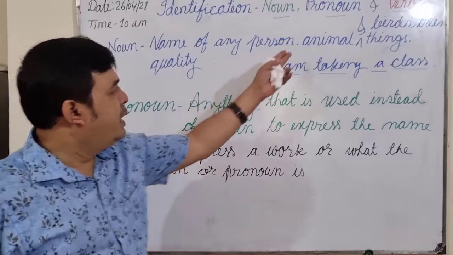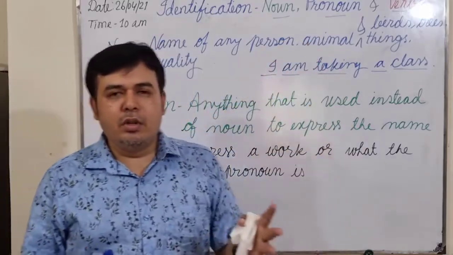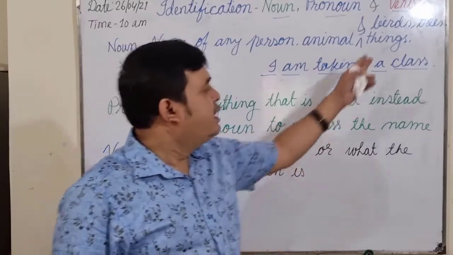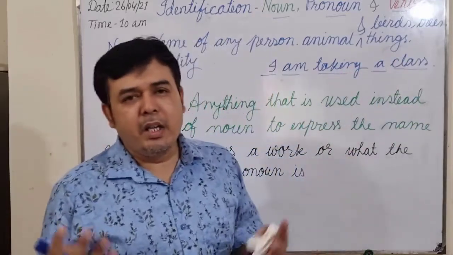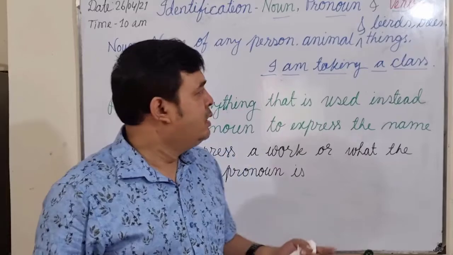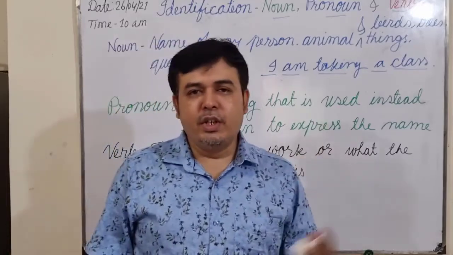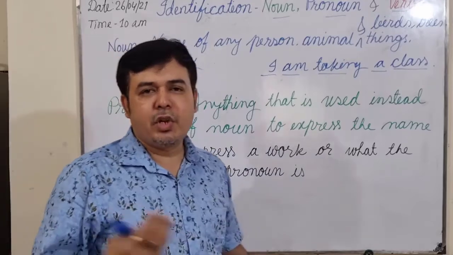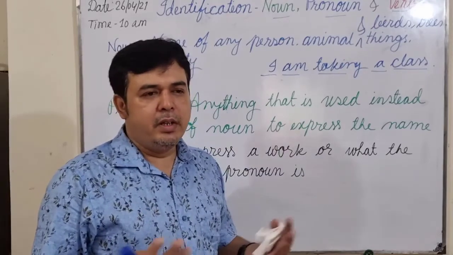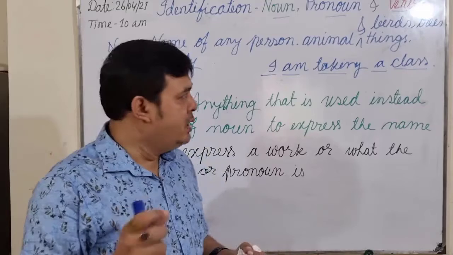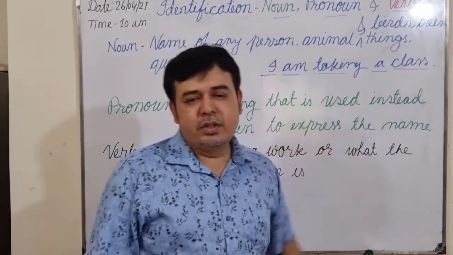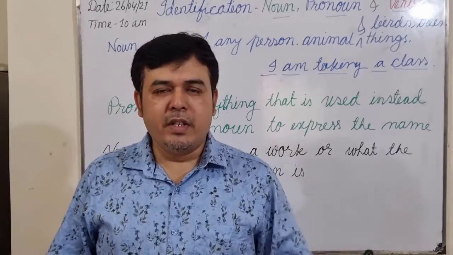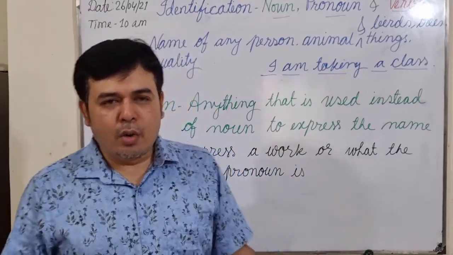Then animals: cow, goat, tiger, elephant. Then birds: magpie, sparrow, parrot. Trees: mango tree, coconut tree, and you can also give other names like shrub and herb. These are also names. Then things: chair, table, refrigerator, room, road.